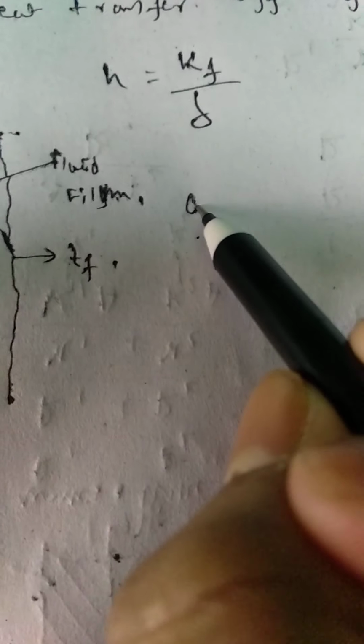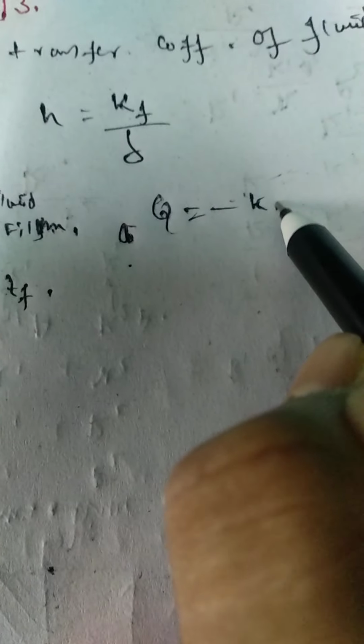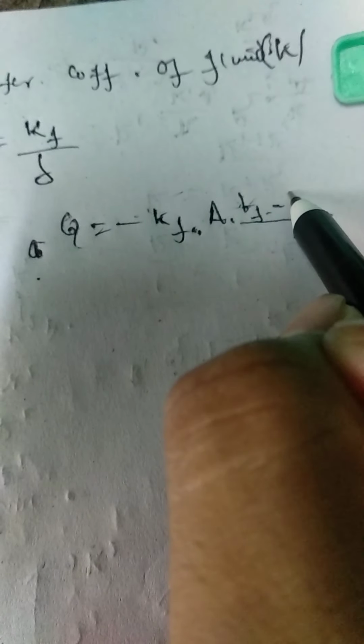Now the rate of heat transfer through this film will be minus Kf into (Tf minus Tw) by delta.